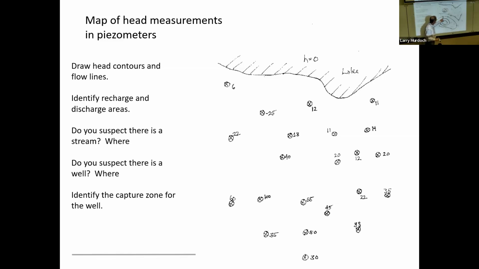So this is going 40, 20, 0, minus 20, minus 25. And then going this way, minus 25, up to minus 20, up to 0, up to 6, and then back down to 0. Okay, so that's what's going on here.